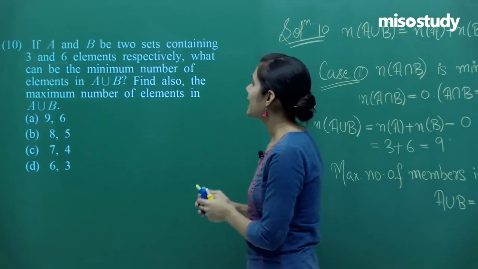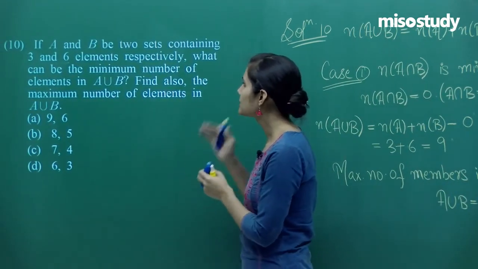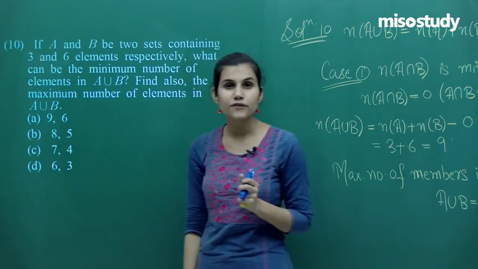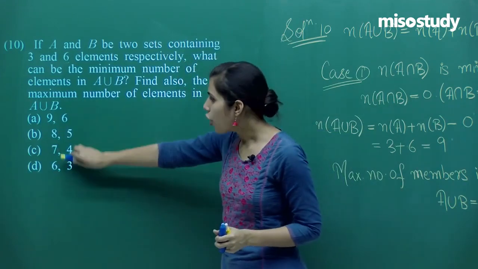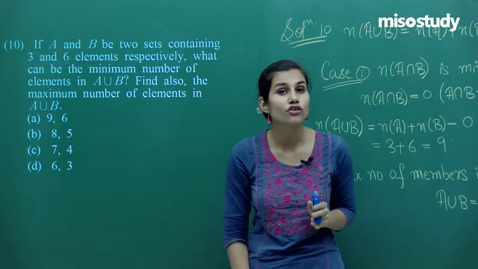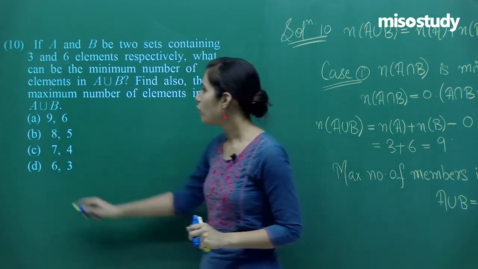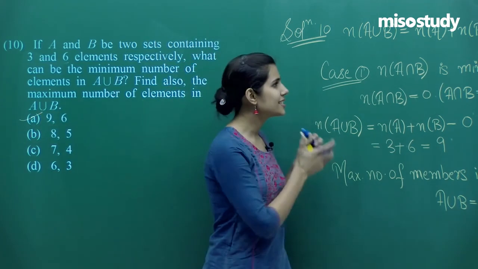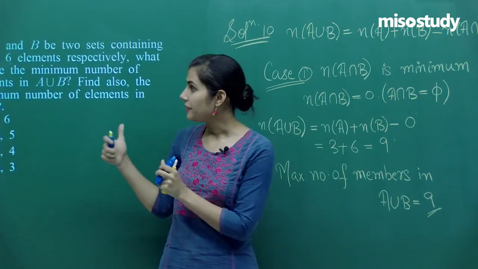The question is asking for the maximum and minimum number of members. 9, 6 is given as the first tuple. Rest all the tuples give me the wrong answer. Therefore, 9, 6 is the correct option, and this is the solution of question number 10.